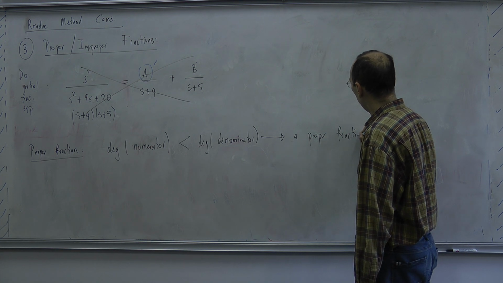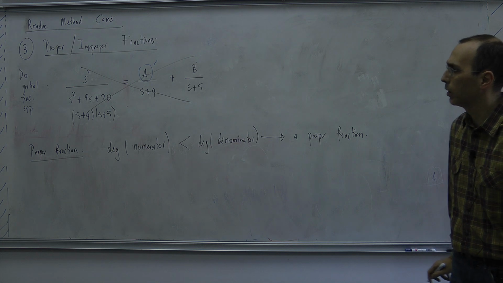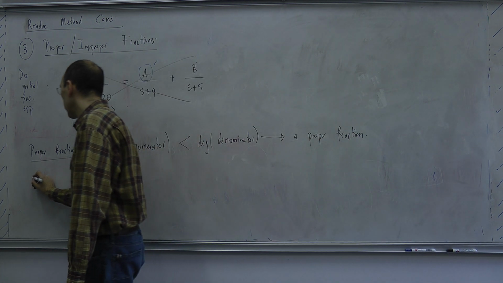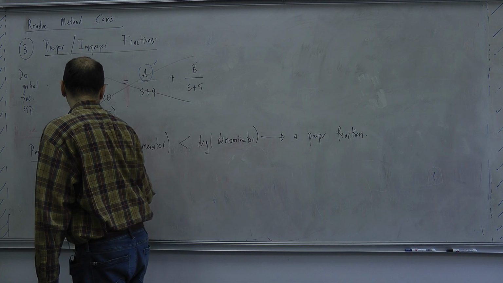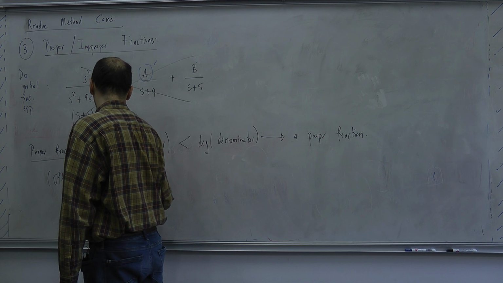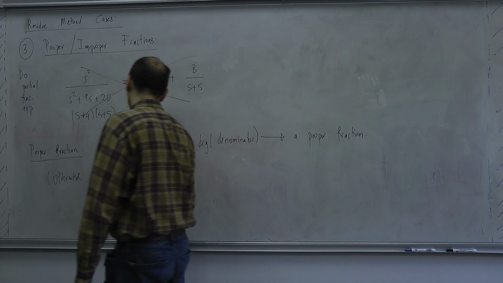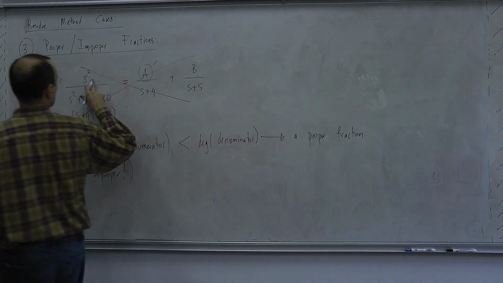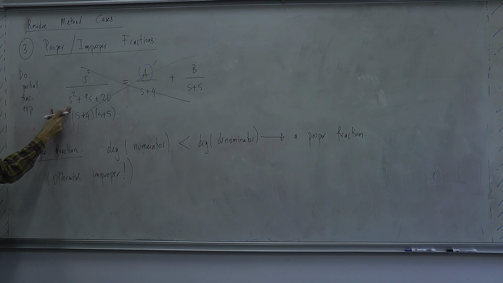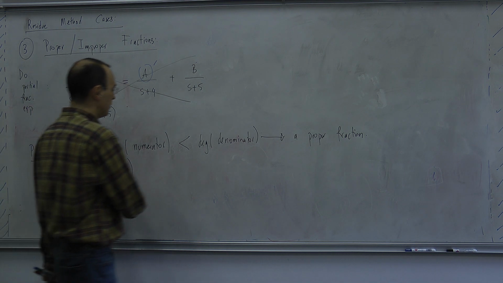This is a very simple definition. Otherwise, improper. For example, degree of the numerator is 2, degree of the denominator is 2, this is improper.